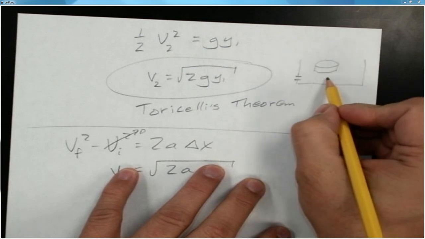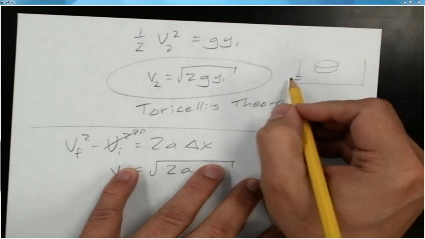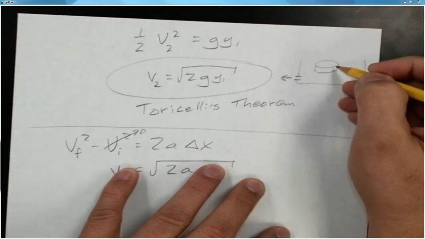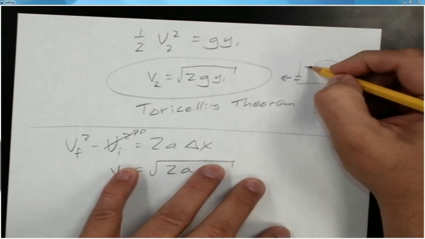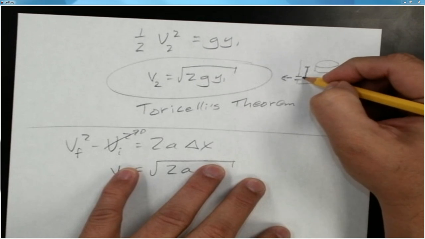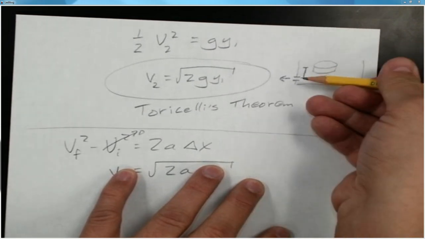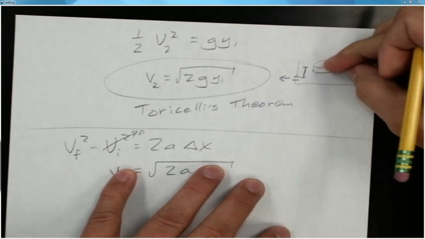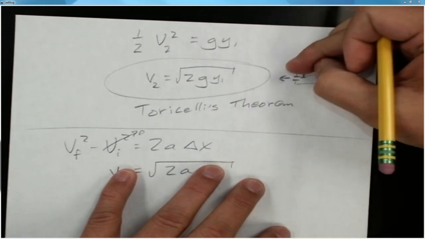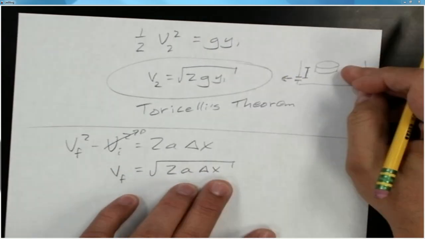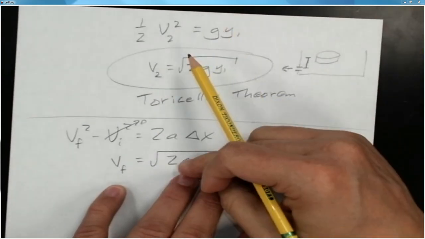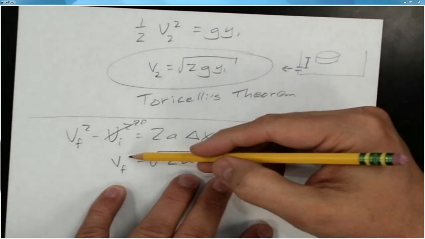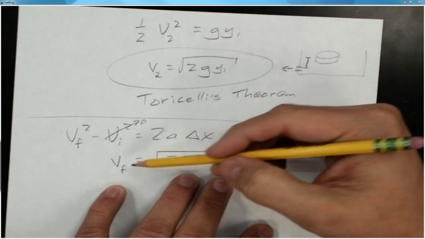How fast would it be going when it comes out here? It would be going just as fast. This is the height. The plug of water would be going just as fast out sideways as it would if I just dropped it from the same height. If I dropped it this distance, it would have this velocity.